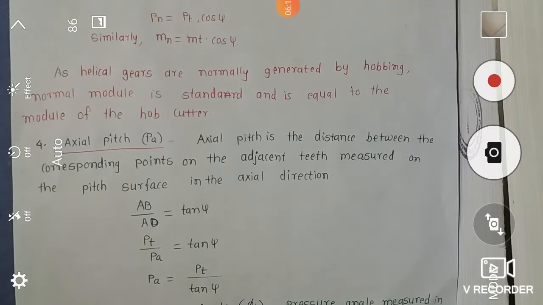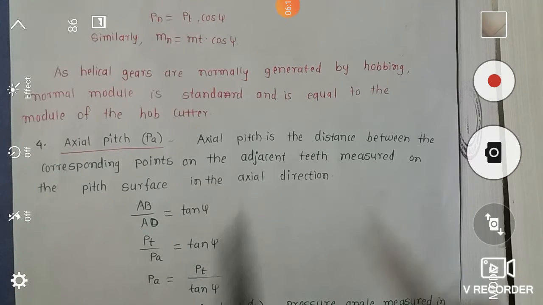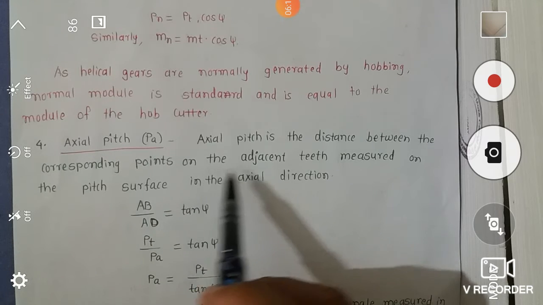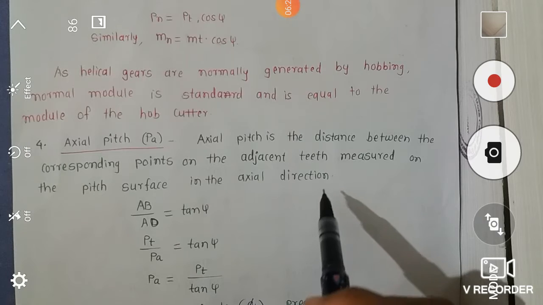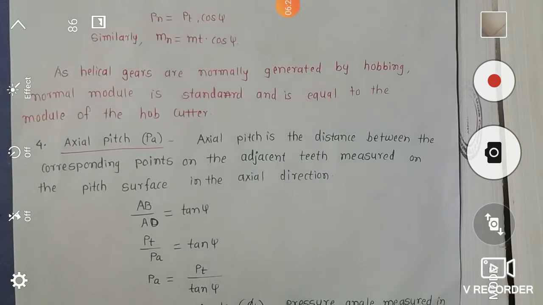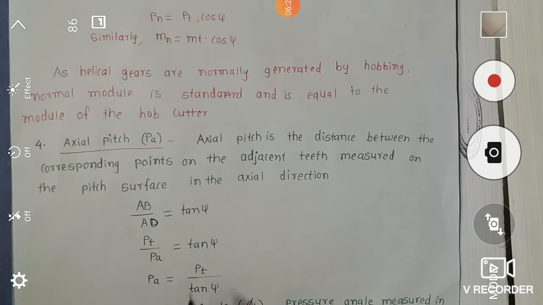And the next important term is axial pitch, that is PA. Axial pitch is the distance between the corresponding points on adjacent teeth measured on the pitch surface in the axial direction. If we observe the figure, then AB upon AD is equal to tan psi.